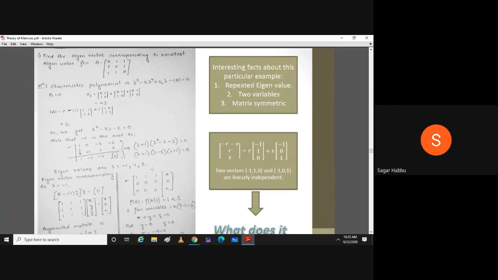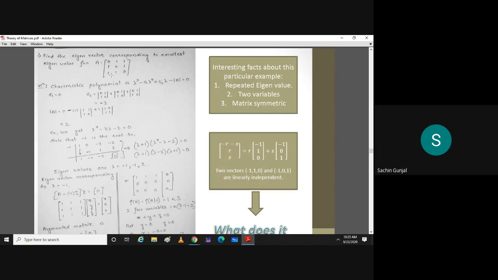See, eigenvalues of this matrix are -1, -1, and 2. The point we mentioned is, if eigenvalues of A are known, that is lambda 1, lambda 2, lambda 3, then eigenvalues of A raised to m are lambda 1 raised to m, lambda 2 raised to m, lambda 3 raised to m.